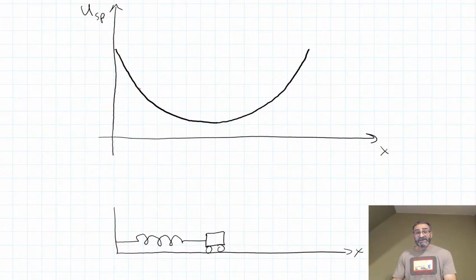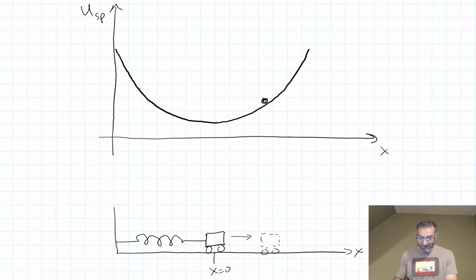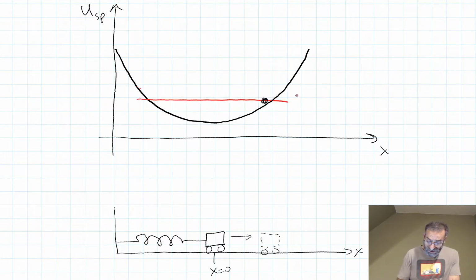And we can have other types of potential energy. In this example, we have a mass attached to a spring. If we pull the spring away from its equilibrium position in this direction, it will have a certain amount of potential energy, spring potential energy. If we let go of it from rest at that location, that would define the total energy of the system.